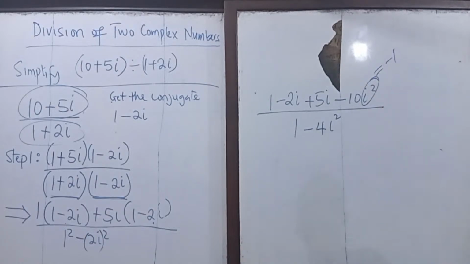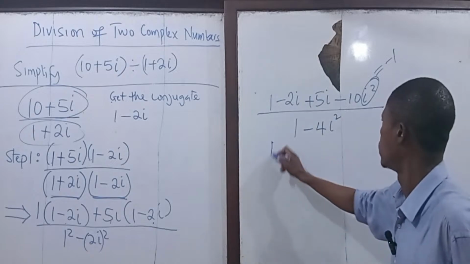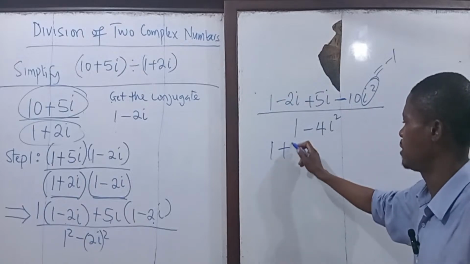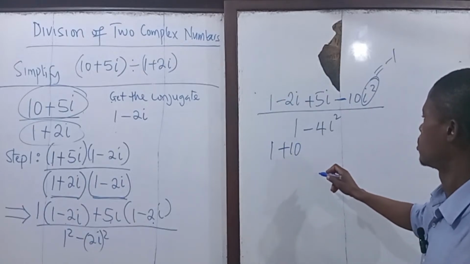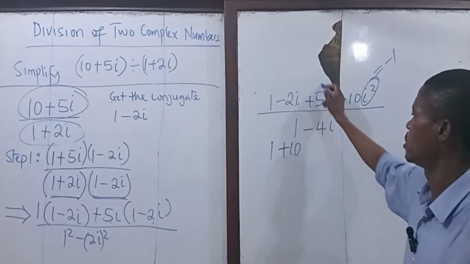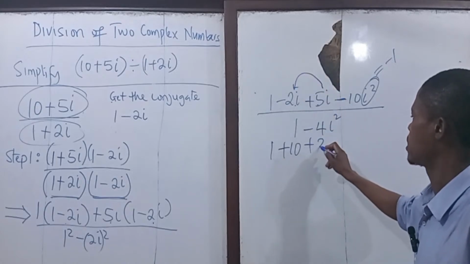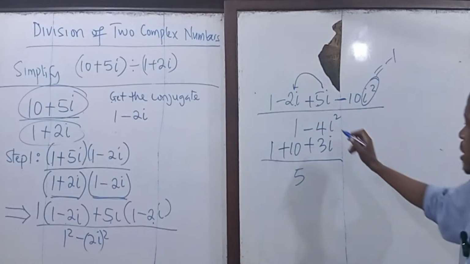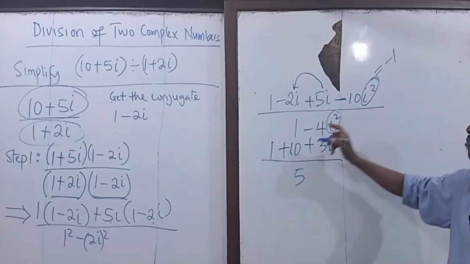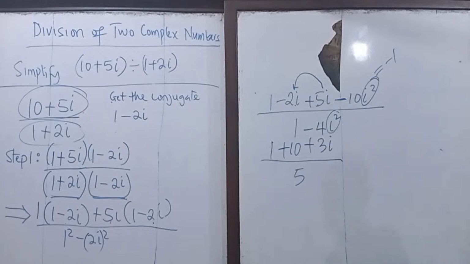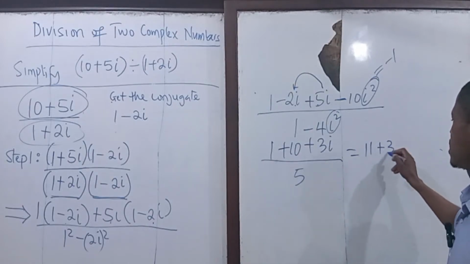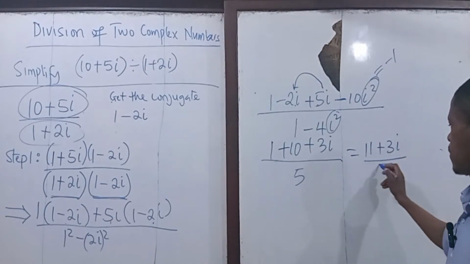Okay, so i squared is minus 1. So we're having 1, to change this one to plus, that's 1 plus 10. Okay, 1 plus 10. And this one, that will be plus 3i over 5. Here also, this is also minus 1, making it to be plus, 1 plus 5. So we are having 11 plus 3i over 5.